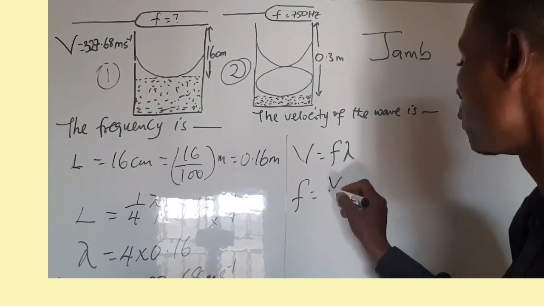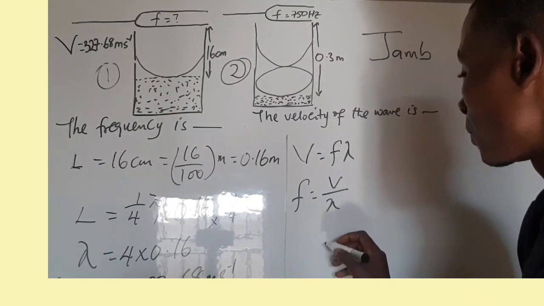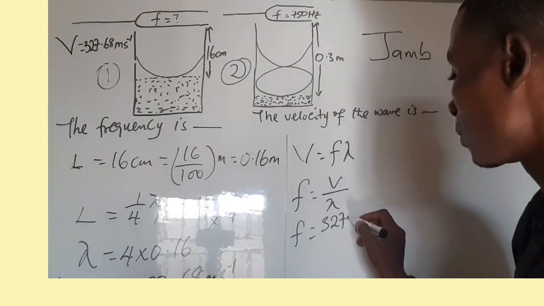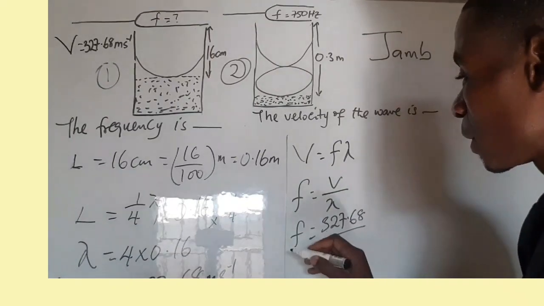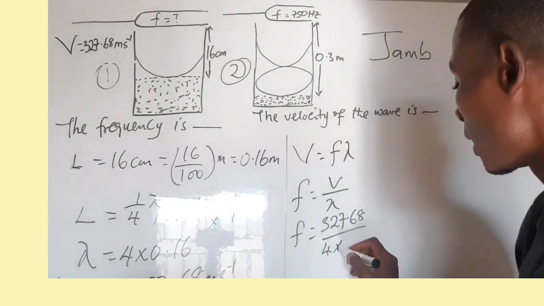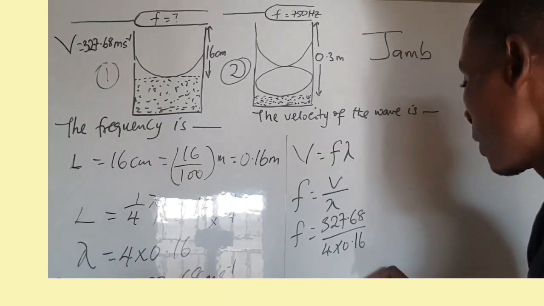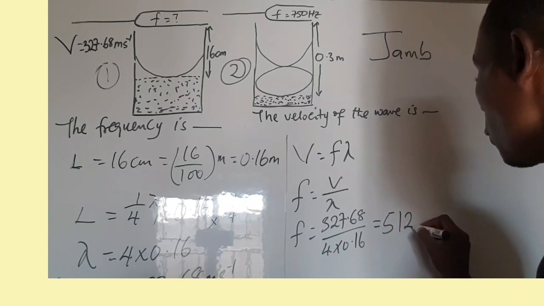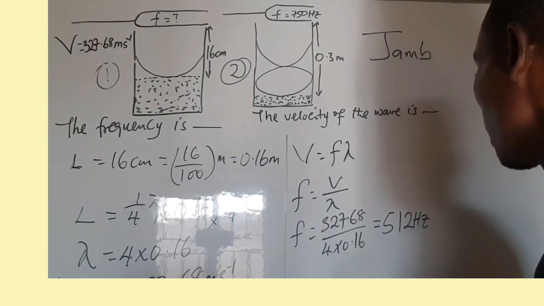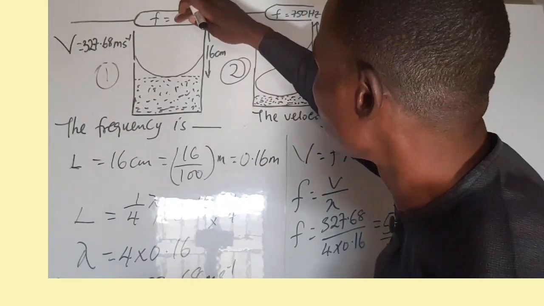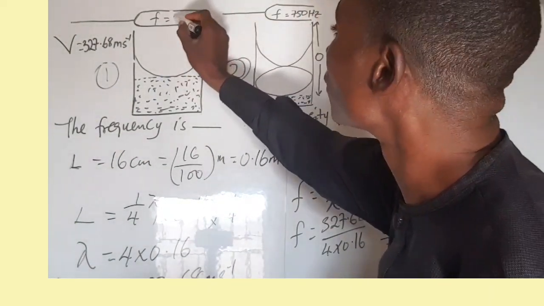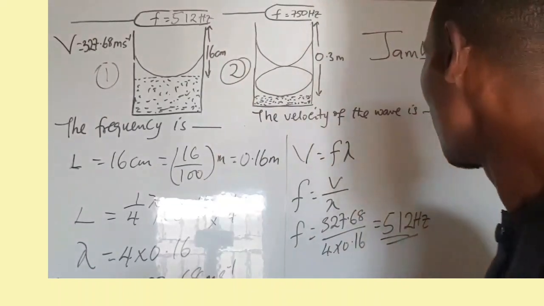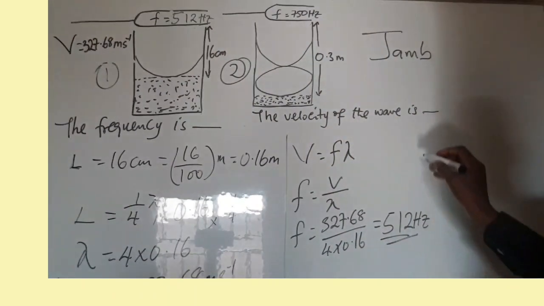F will be equal to v over lambda, and from there our f is equal to 327.68 all over 4 times 0.16. This is going to give us 512 hertz, and that is the frequency. It means that the tuning fork here has a frequency of 512 hertz, and that is our answer, as simple as that.